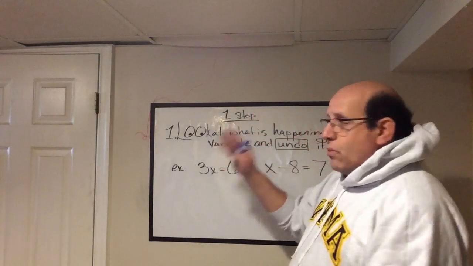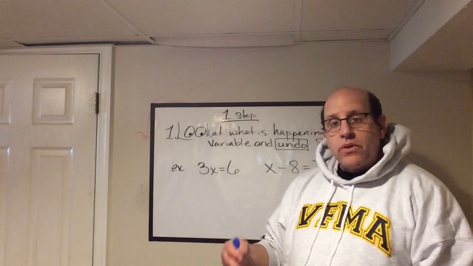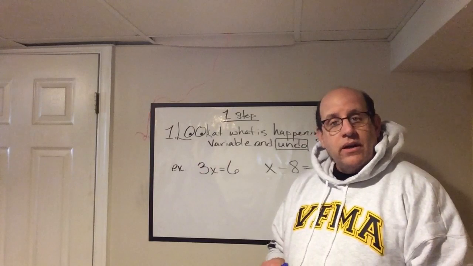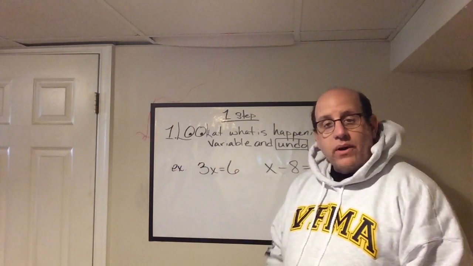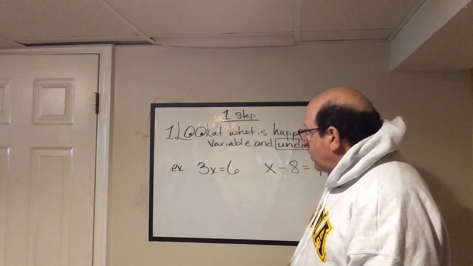So the rule here is we want to isolate the variable. We want to end up with one lonely little x on one side of the equal sign, so that we have one value on the other side of the equal sign. Should be very simple.